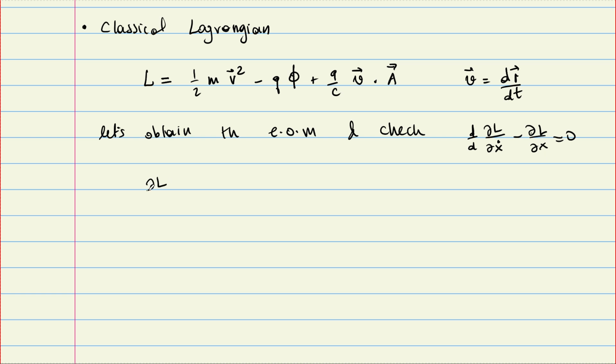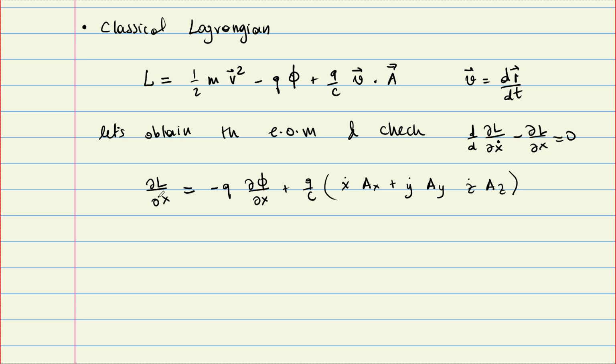First, del Lagrangian del x: in the first term there is no x, in the second term minus q del phi del x, and in the kinetic term there is no x, but inside A there is. So plus q over c, x dot A x plus y dot A y plus z dot A z.